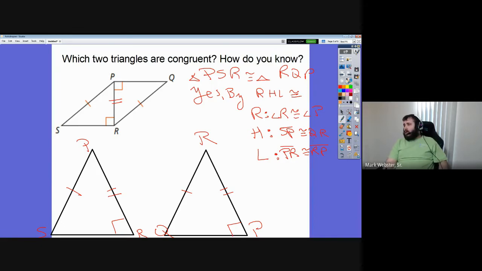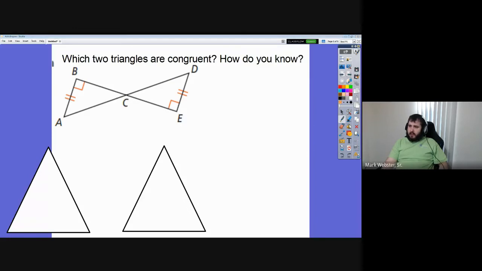Now, sometimes it's not going to be exactly what you want. What am I talking about? Take a look here. So, with this one, we're talking about these two triangles, right? So first of all, we've got a bow tie shape that tells us we get these angles are congruent for free.